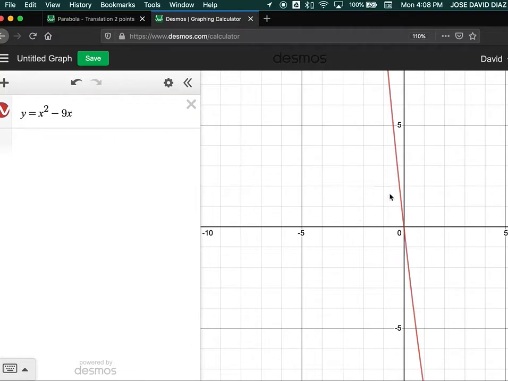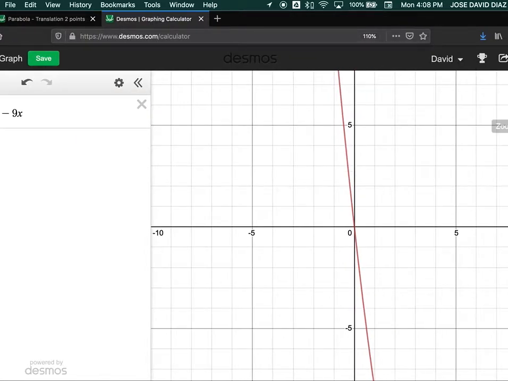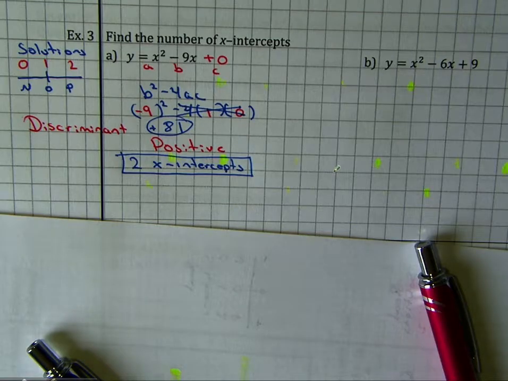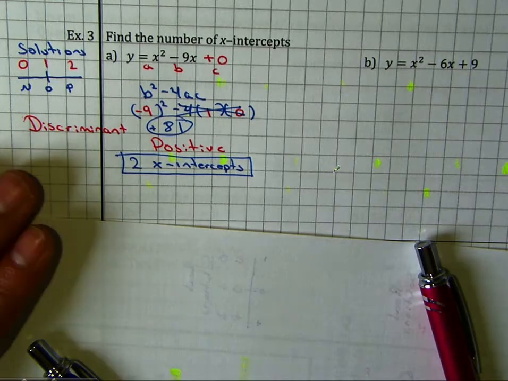It only crosses once, so we just need to zoom out so we can see the other one. There we go. It crosses once, and the other one's over here. We also know how to find your x-intercepts at this point by graphing or by square roots. But for today, we just need to be able to find how many x-intercepts it has.